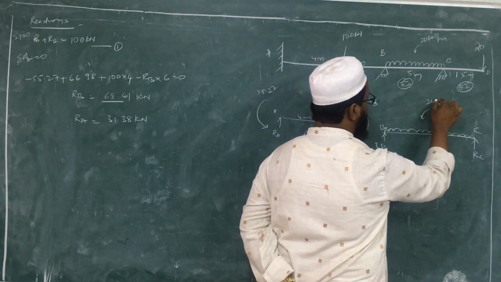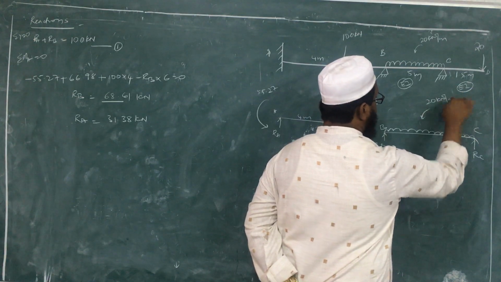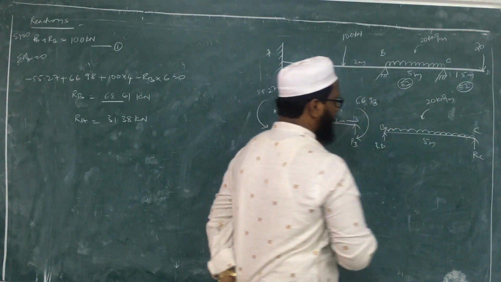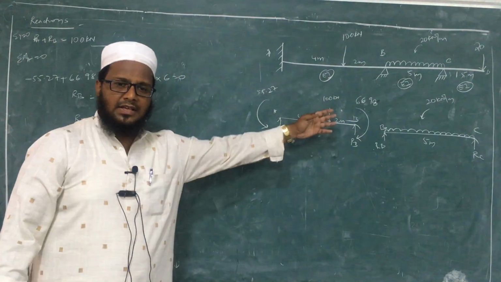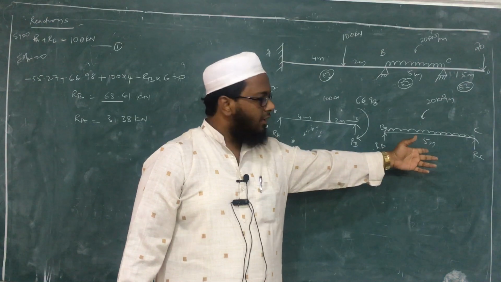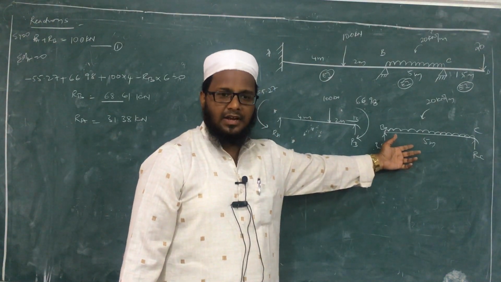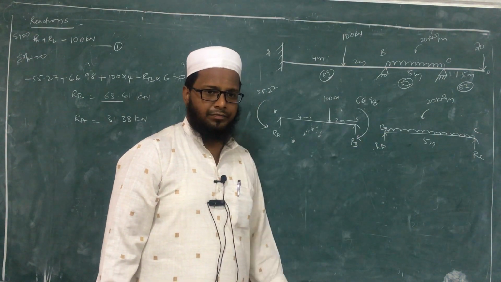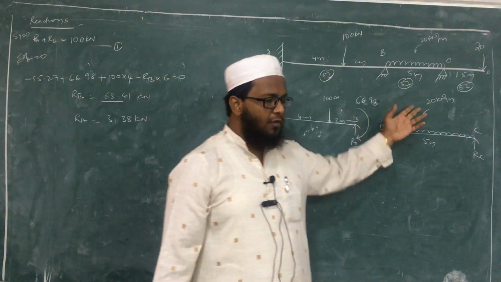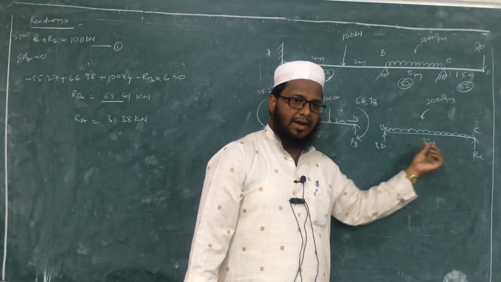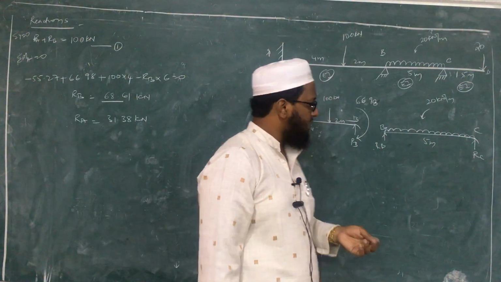Intensity of this is 20 kilonewton per meter and this is 5 meters. So instead of going for sigma x equal to 0, sigma y equal to 0 or sigma M equal to 0, we can calculate these reactions directly, isn't it? What is the total load acting on the beam? 20 into 5. WL by 2 will be RB and WL by 2 will be RC.